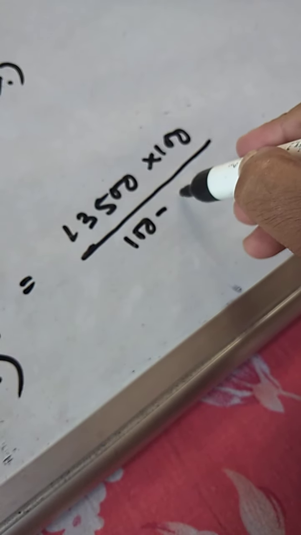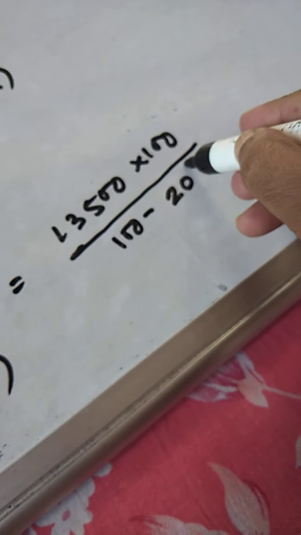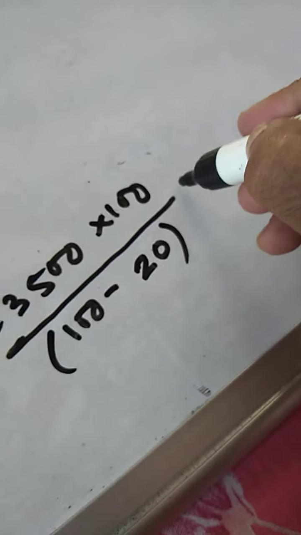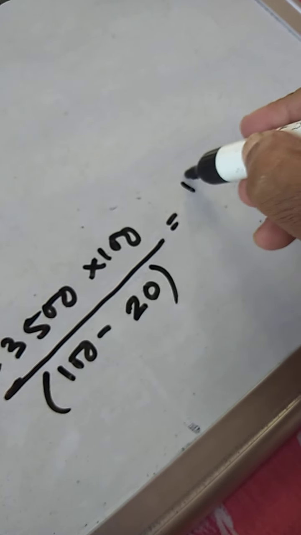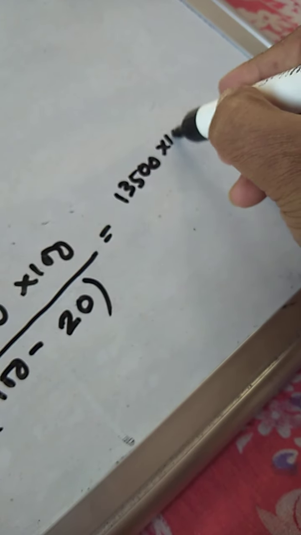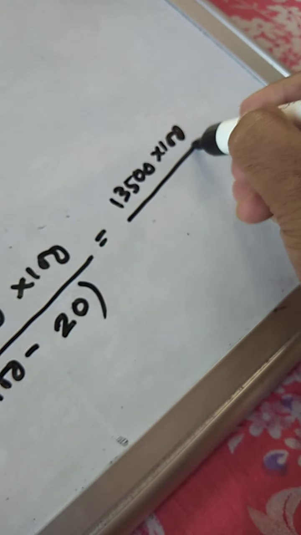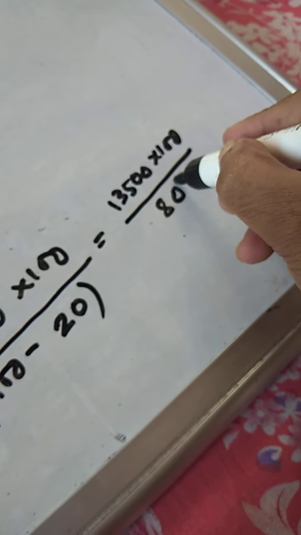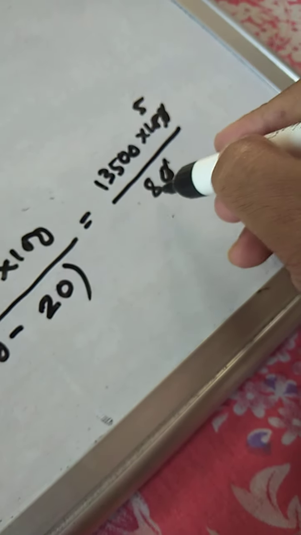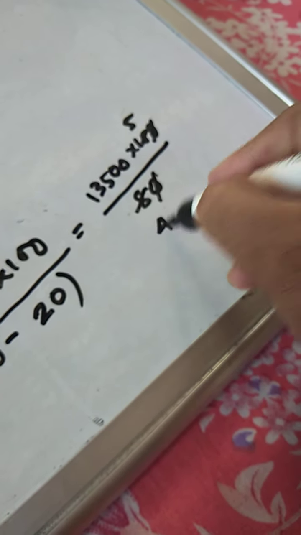This time we will not write 20%, only write 20, remember. Now solve the bracket. 13,500 into 100 by 80. Now reduce these two zeros. Now 2 5s are 10, 2 4s are 8.